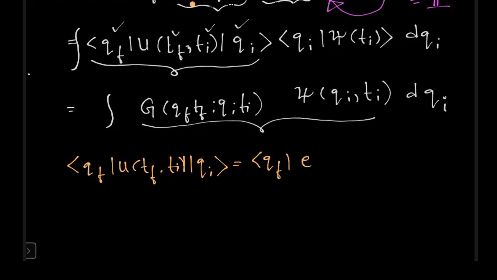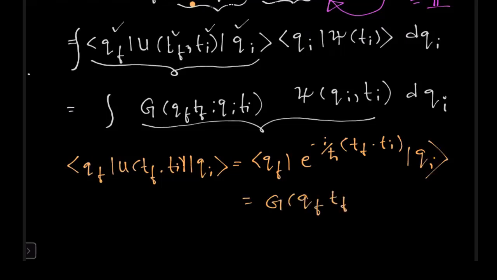This turns out to be e to the power minus i by h cross tf minus ti. That's it. So this is what I'm calling my g. g has a name, and it is called a Green function, but we will check out what this is in the next couple of lectures. But this is what it is. It's a 2-point function. You have these two points qi and qf and so on.